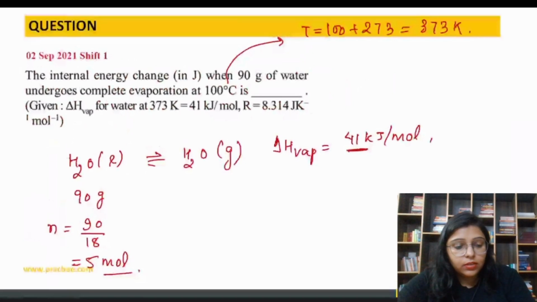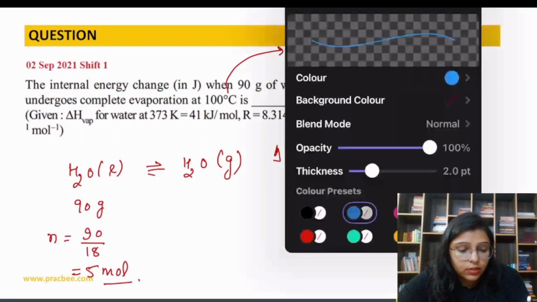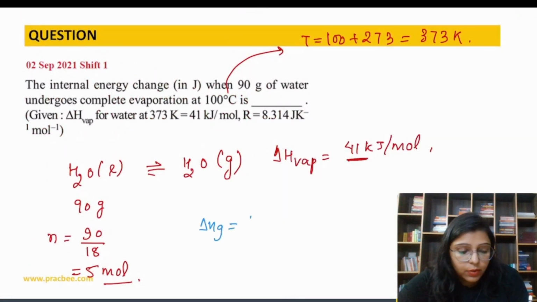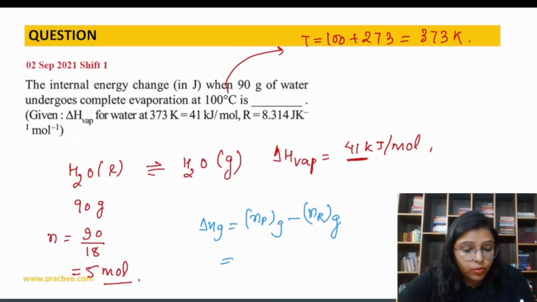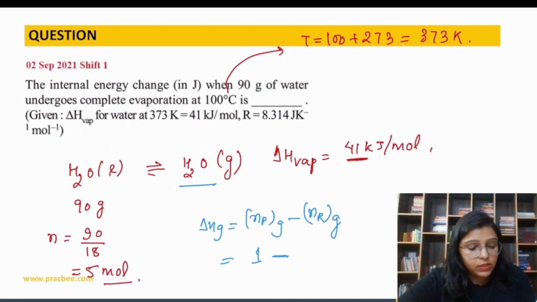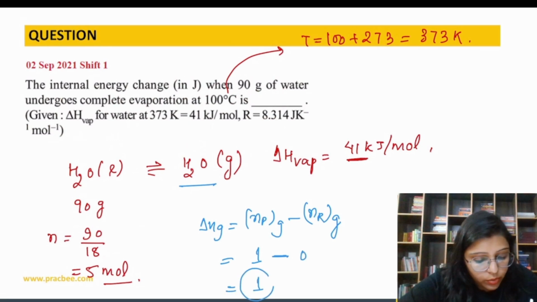Delta Ng, the change in number of moles, is number of moles of product in gaseous state minus number of moles of reactant in gaseous state. So here 1 minus 0, that is equal to 1. Clear?